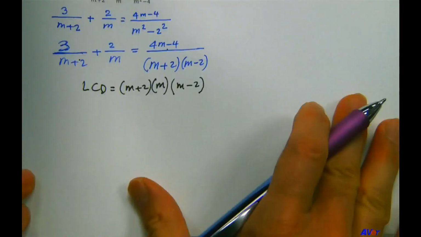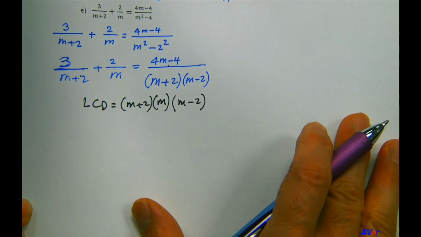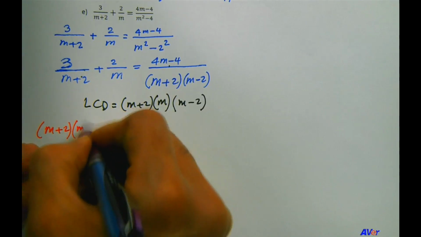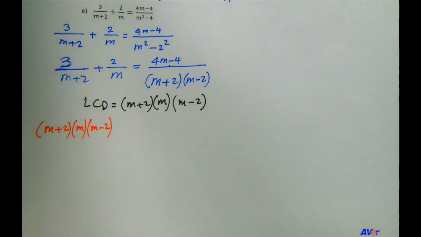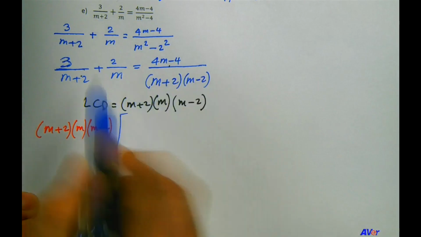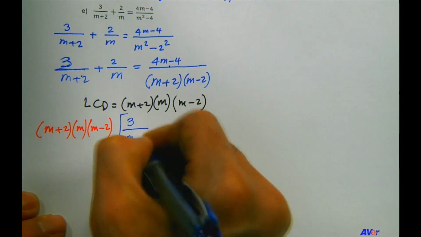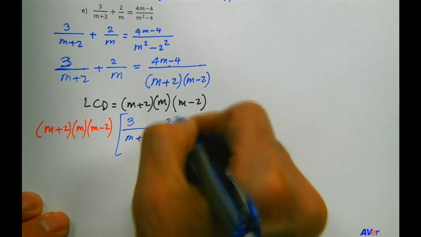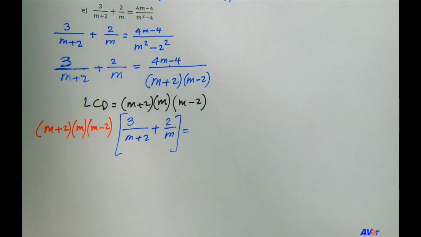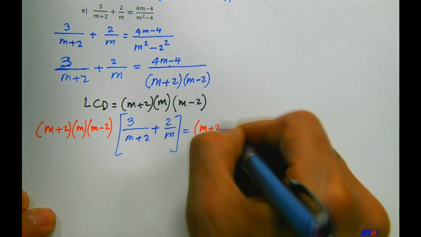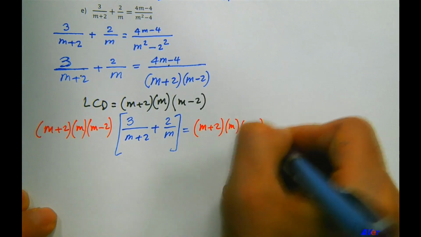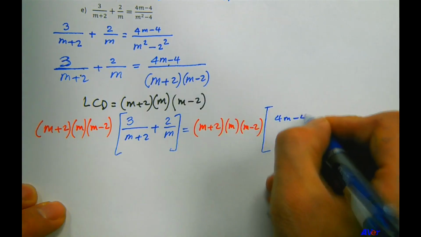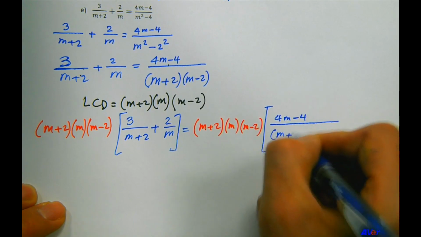Okay, let's do that. So m plus 2 times m minus 2, multiplied by all of the left side, 3 over m plus 2 plus 2 over m, equals the same expression times all of the right side, all of that, 4m minus 4 divided by m plus 2 times m minus 2.